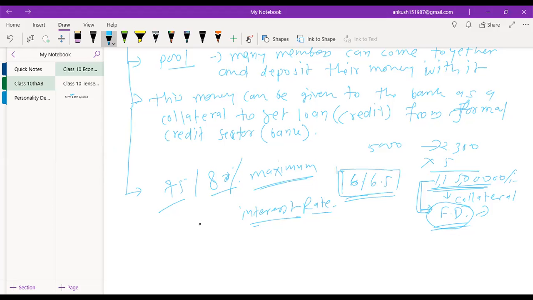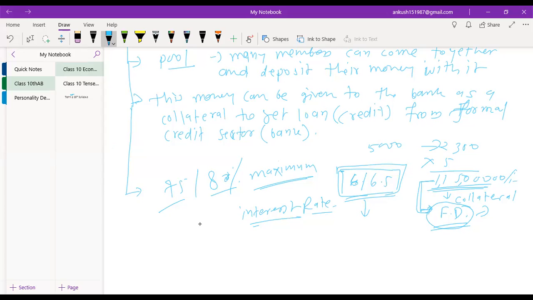the members as a pool, they come together and they generate money upon that. And there is another benefit of getting the loan from the cooperative: the cooperative bank's loan can be repaid later. If you are unable to repay this year, you may continue it and you can again get the loan from the same cooperative bank.